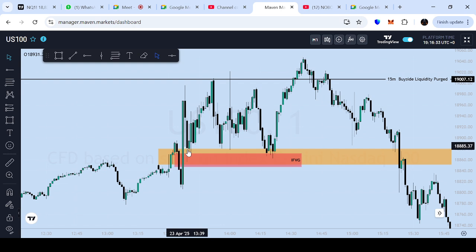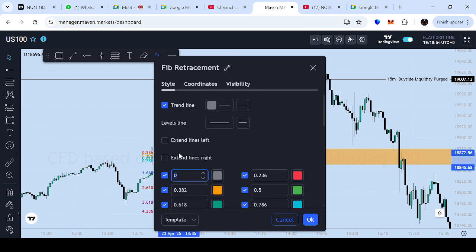You can see price delivery reaching out first at the consequent encroachment of the inversion fair value gap there. This is how you measure the consequent encroachment: from the low of this candle, the other block, to the high of this other block up there to get your 50% level. That's the consequent encroachment.